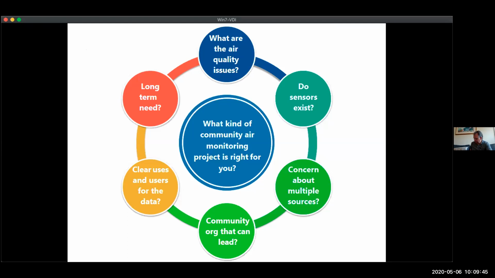And lastly, really important in terms of a network, which is a long-term investment in the infrastructure to conduct this monitoring in a particular area: is there a long-term need for this data, and a community group that can commit to helping to maintain that infrastructure?